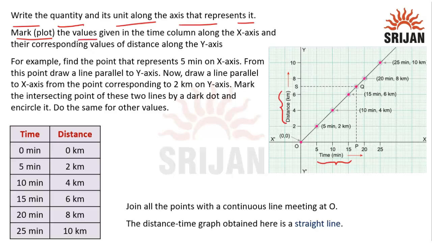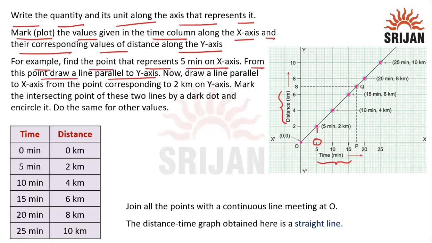Mark or plot the values given in the time column using the x-axis and their corresponding values of distance along y-axis. For example, find the point that represents 5 minutes on x-axis. So this is the point representing 5 minutes on x-axis. From this point, draw a line parallel to y-axis.